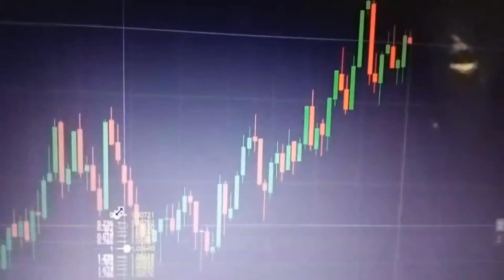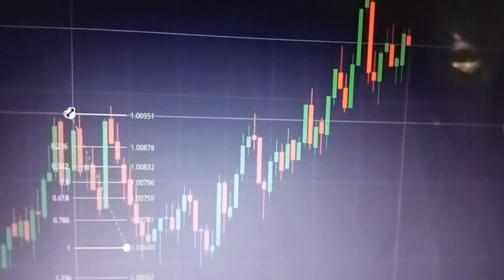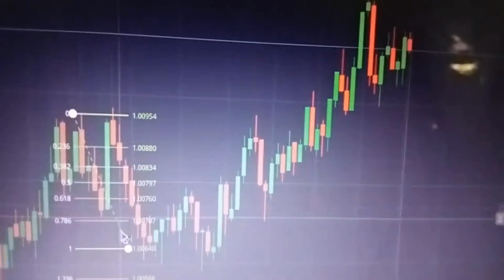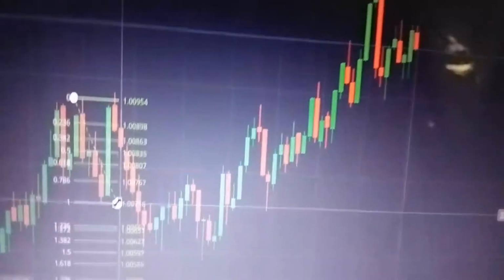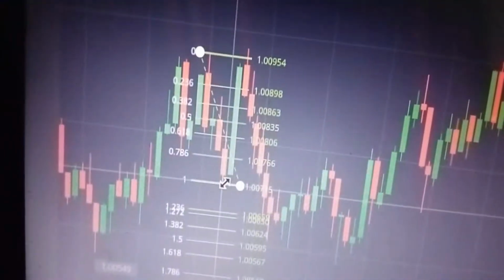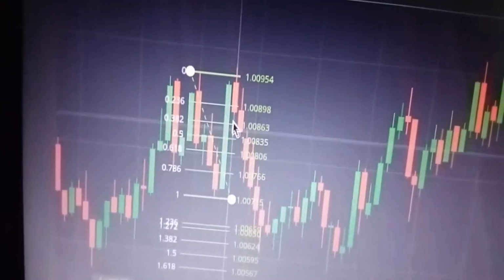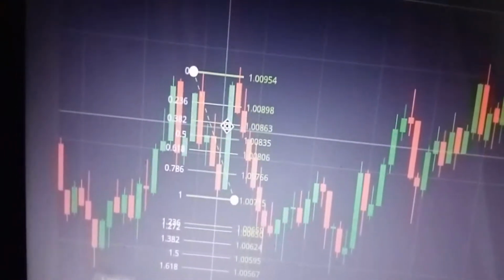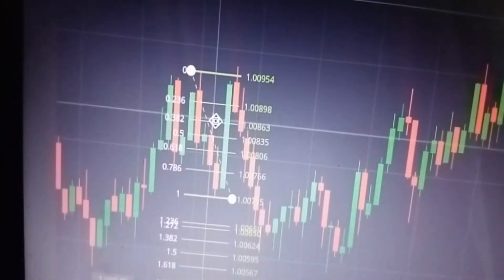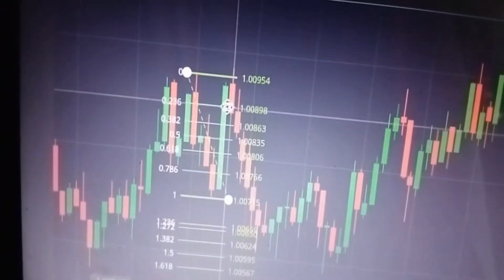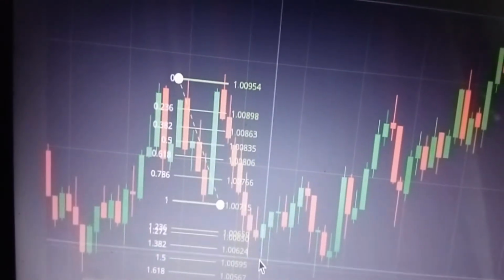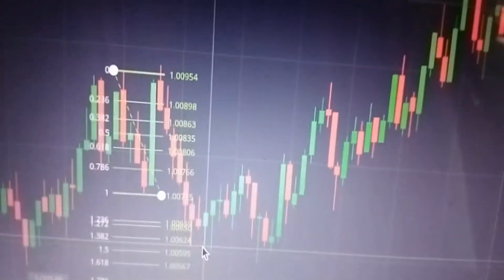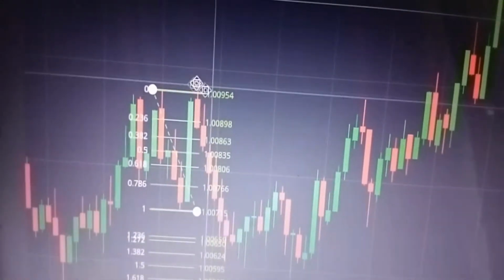When we are bearish, from this swing high to this swing low, that pump up there needs to stop around this area. If it wants to go deep, then it can go deep there, 23.6, then dump.